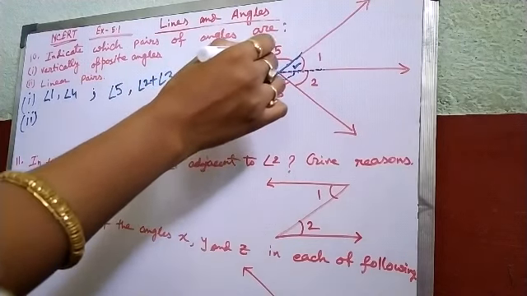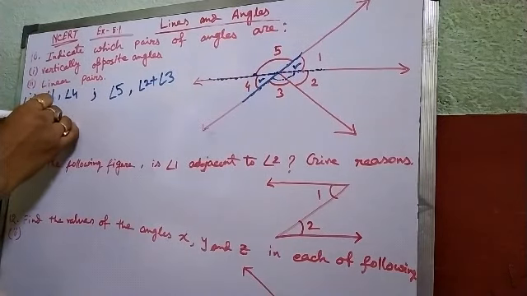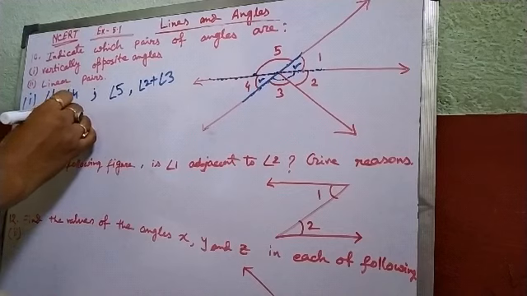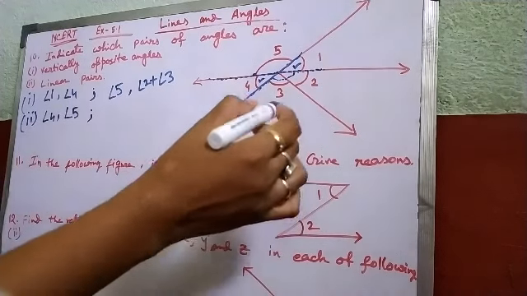That means angle 4 and angle 5 we can say are a linear pair of angles. Let's see another linear pair of angles. Where is it? Here.